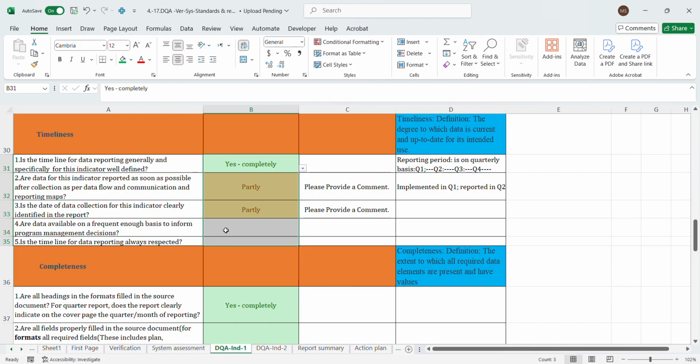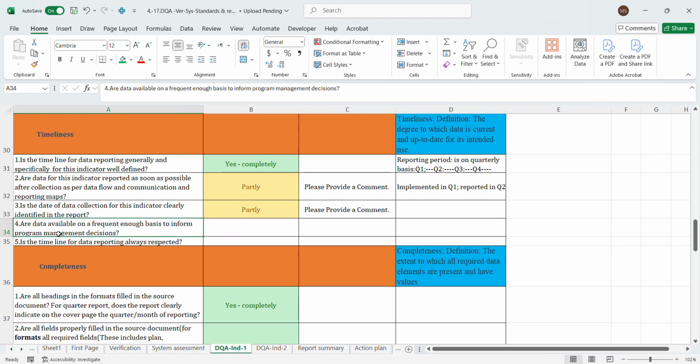There are a lot of delays during the activity implementation and the reporting, especially when compared to the agreed dates. That is one remark I can share from my experience.